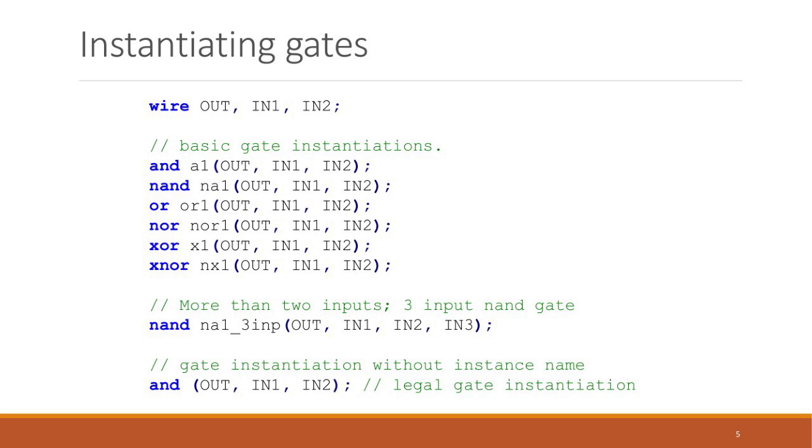This is because giving a unique name is not compulsory when you instantiate a gate module. But again, you should remember that this is valid only for instantiation of predefined gate modules in Verilog. This is not valid for other modules that you define in Verilog.